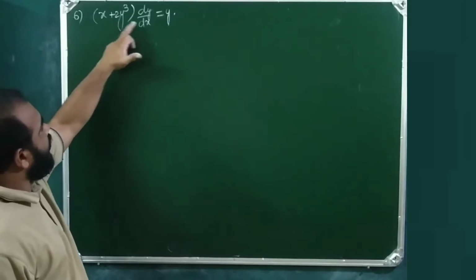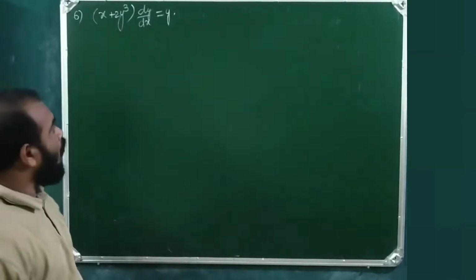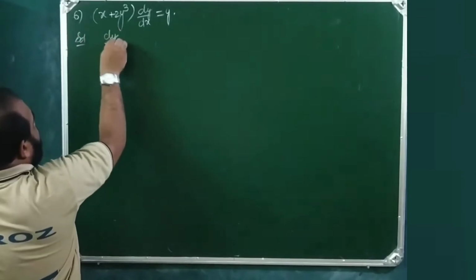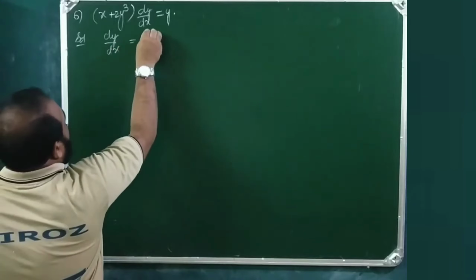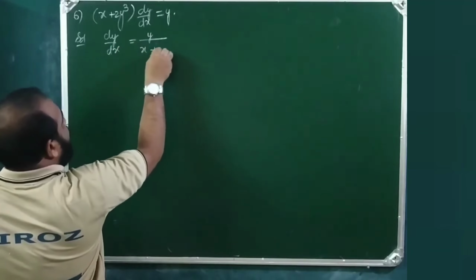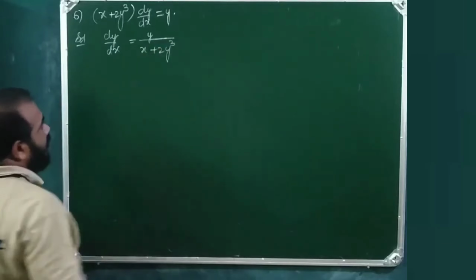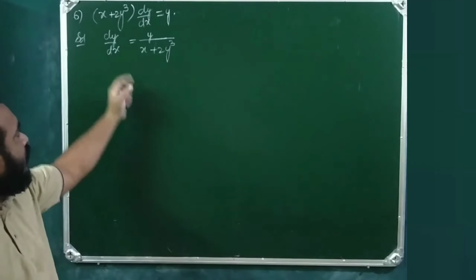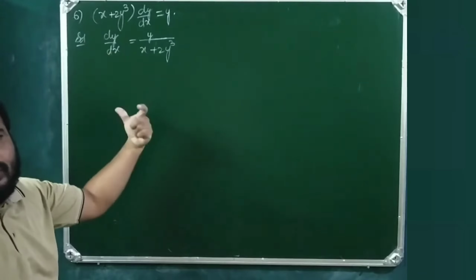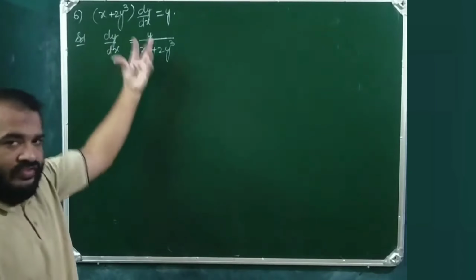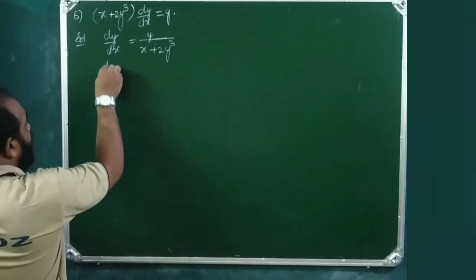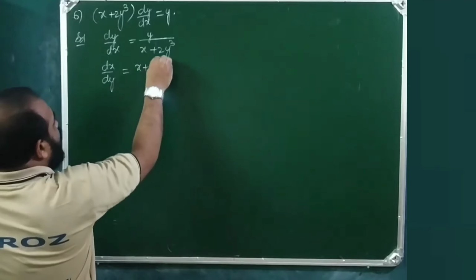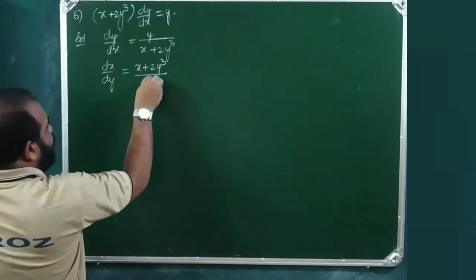x plus 2y cube into dy by dx equals y. So dy by dx is equal to y by x plus 2y cube. But we cannot proceed any further from here onwards. So dy by dx is not to be worked out further, for which let us reciprocate it. dx by dy equals x plus 2y cube by y.